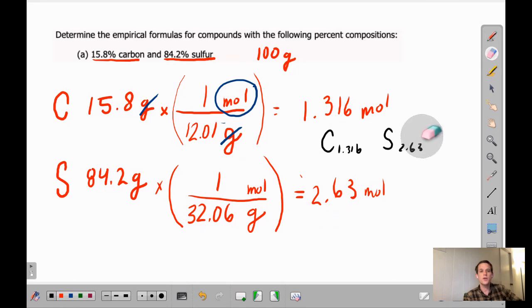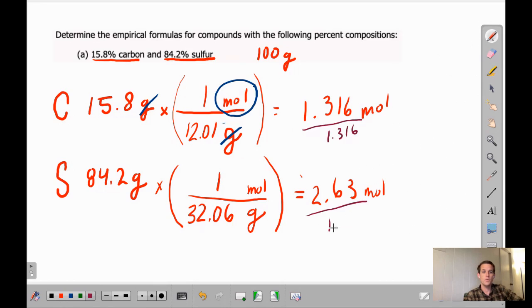Our next step is to identify all of our different elements. Luckily, this time we only have 2, and we're going to divide both of them by whichever is the smallest amount of moles. In this case, it's 1.316. Dividing 1.316 by 1.316 gives us 1 mole, and that gives us approximately 2 moles for sulfur.